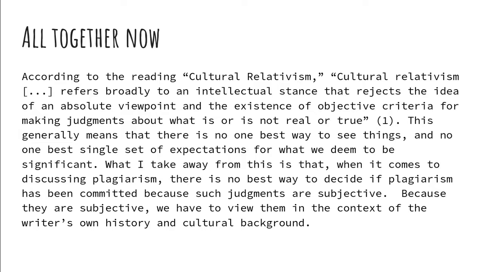This generally means that there is no one best way to see things and no one best single set of expectations for what we deem to be significant. What I take away from this is that when it comes to discussing plagiarism, there is no best way to decide if plagiarism has been committed because such judgments are subjective. Because they are subjective, we have to view them in the context of the writer's own history and cultural background.